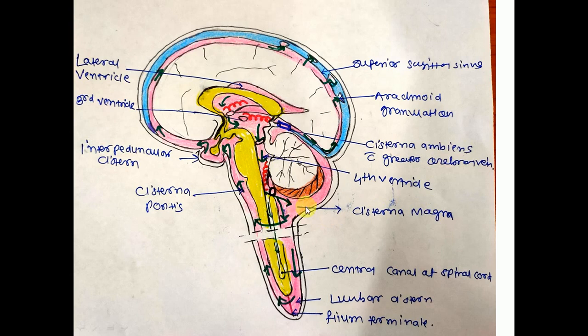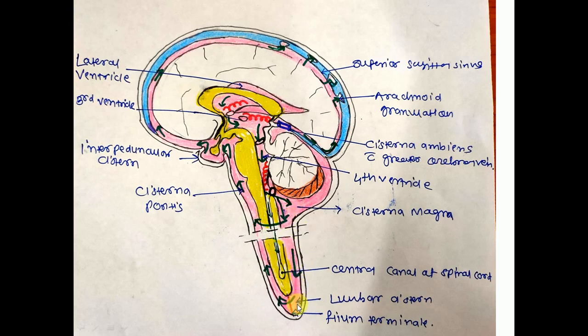From the cisterna magna, there are two pathways that diverge. This CSF circles around the brainstem and ascends, or it will pass down inferiorly towards the spinal cord.